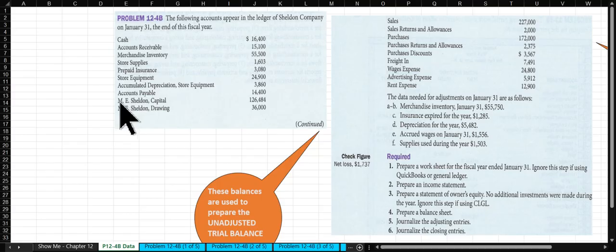So right now, according to the ledger, the company is showing inventory of $55,500. We know that is not the correct amount because they told us that it should be $55,750. So what we need to do is make that zero and then record the new balance.